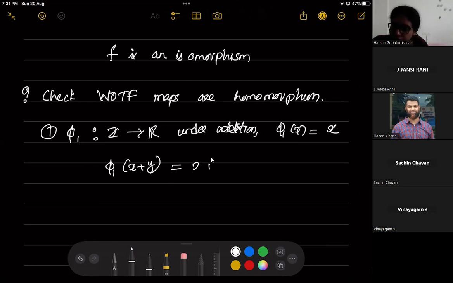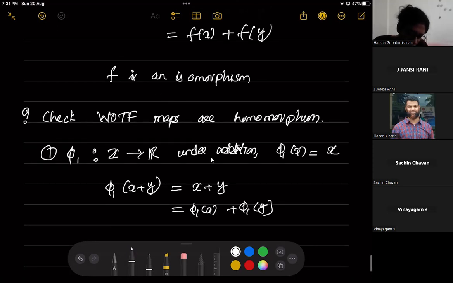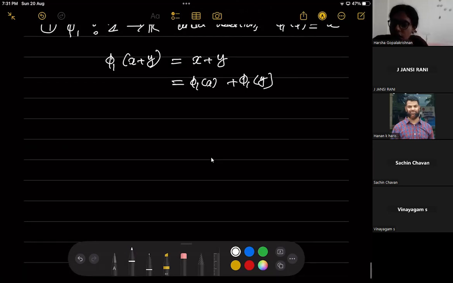X is phi 1 of x and y is phi 1 of y, so it is nothing but phi 1 of x plus phi 1 of y. So this is a homomorphism.